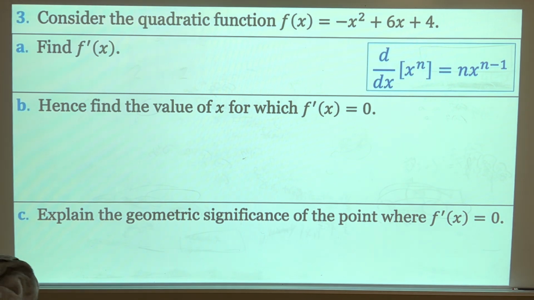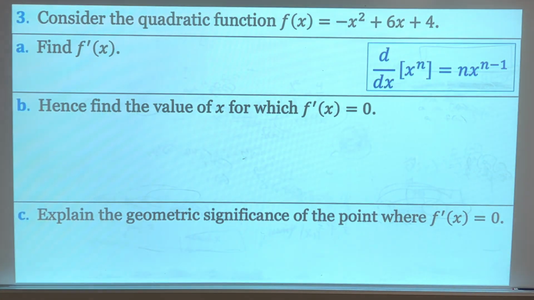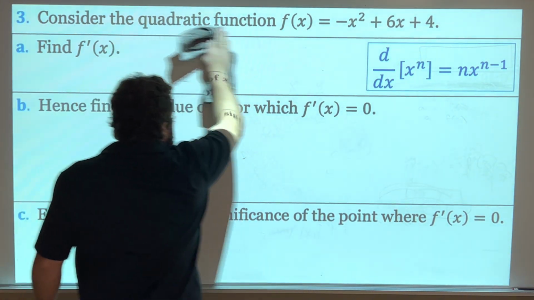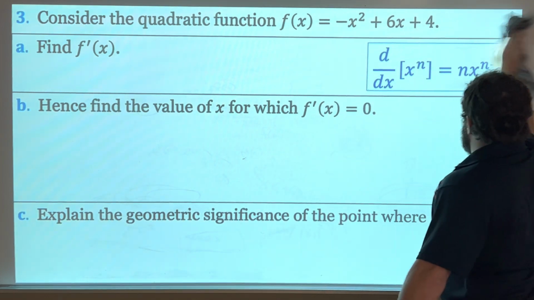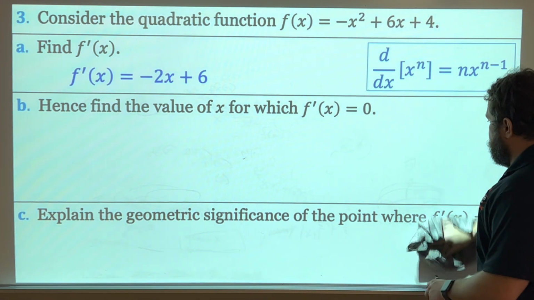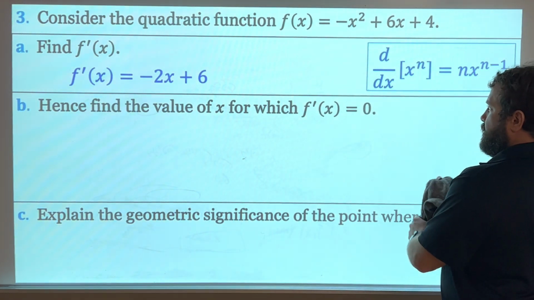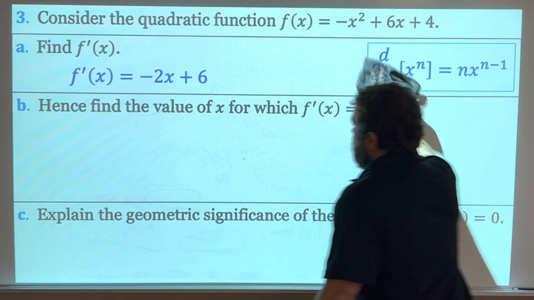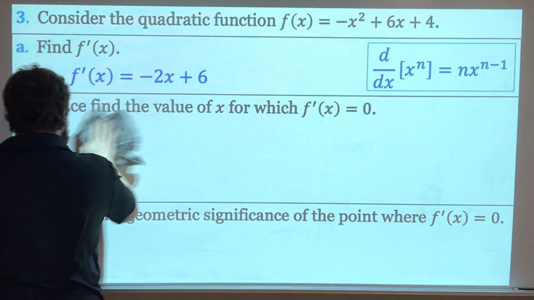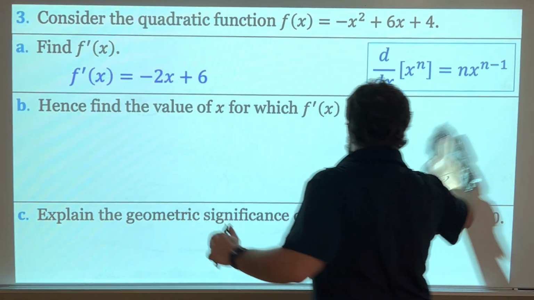The derivative is negative 2x plus 6. Hence, find the value where f prime of x equals 0. So now you're going to set that equal to 0, and you're going to solve.